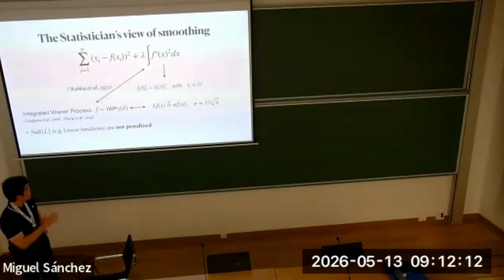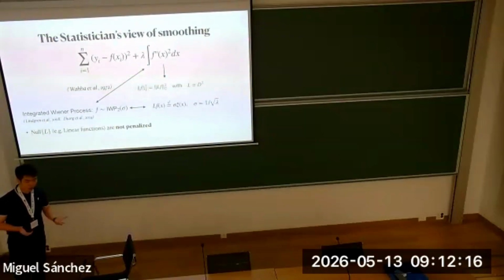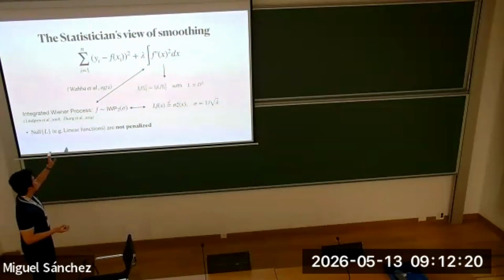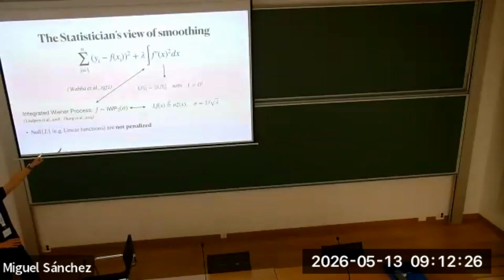But this also gives us a new way to understand what smoothing is doing overall. We are pushing our function to a certain space, and that space is defined by the null space of your differential operator L. In our case here it is linear functions, because those are not penalized.